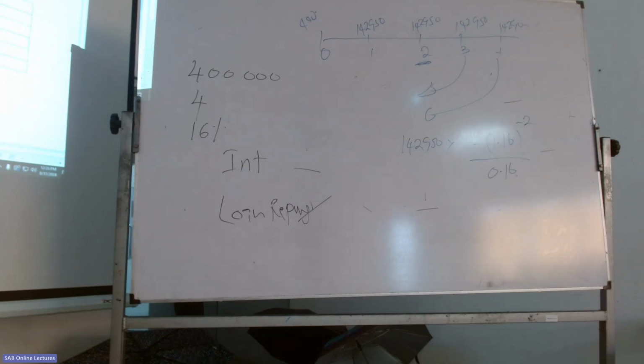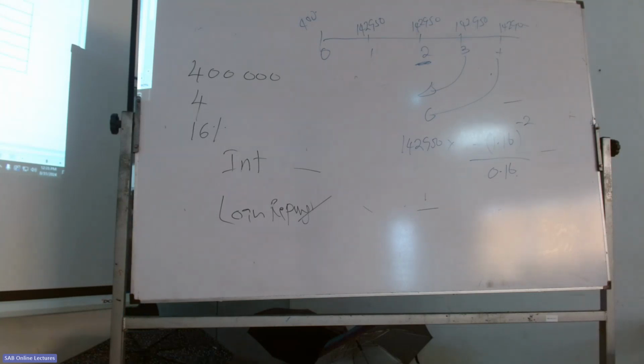So your loan repayment is 106,235. Then the ending balance is 123,232. Now the opening balance for year 4 is 123,232. You are paying interest on that at 16%.